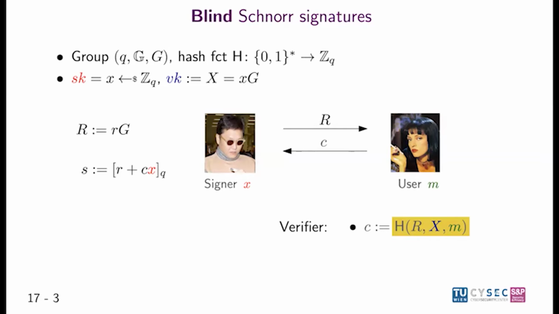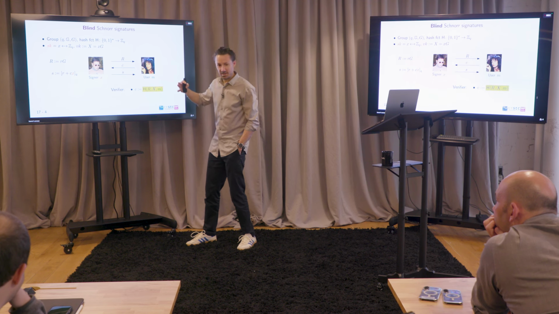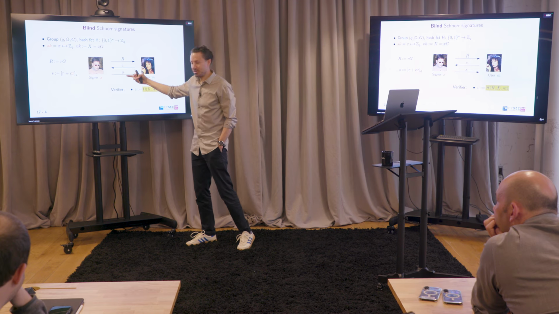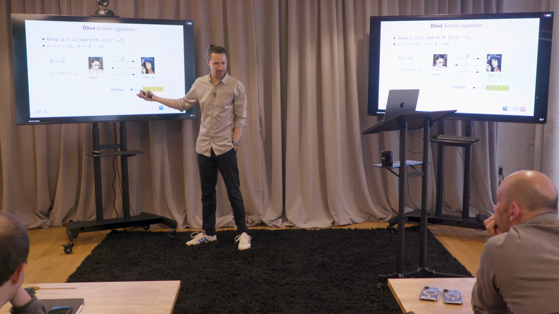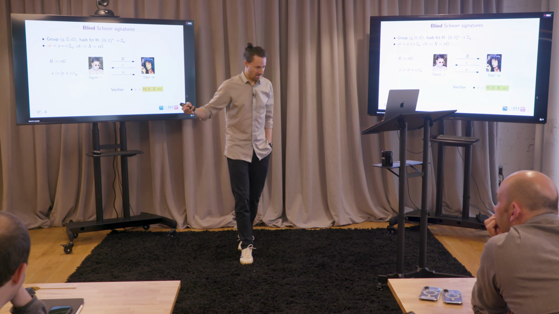So compute the hash with the message, and now arguably the message is hidden. And then the signer finishes the protocol. So it's not a blind signature because basically if the signer later sees a signature, it's exactly the R and the s value that it sent, so it's easy to link, right? So it doesn't work yet.